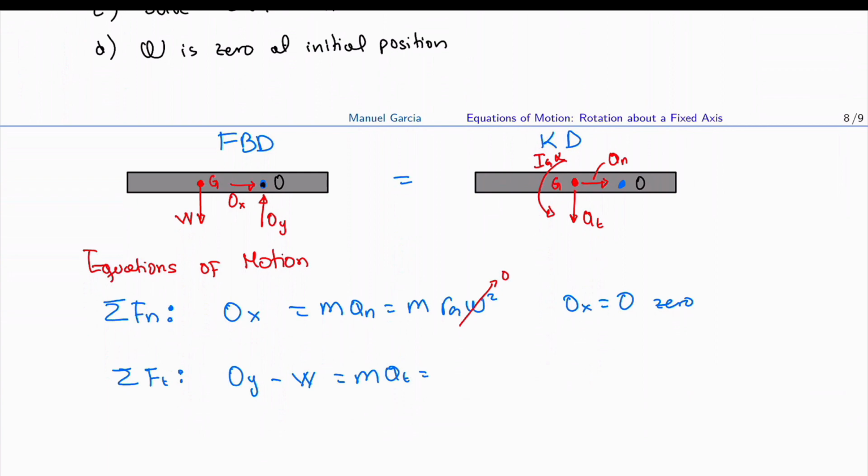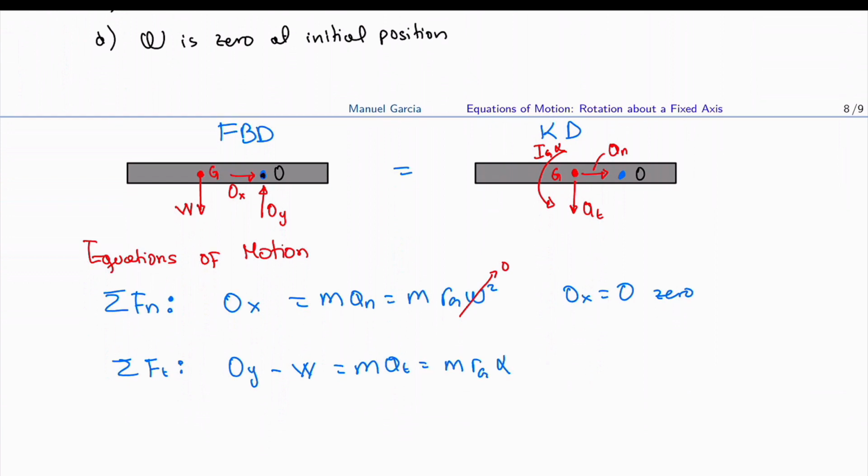So how is the tangential acceleration defined? It's R multiplied by alpha. So this is mass multiplied by Rg multiplied by alpha. If we rewrite this, we have OY minus W equal to mRg alpha.